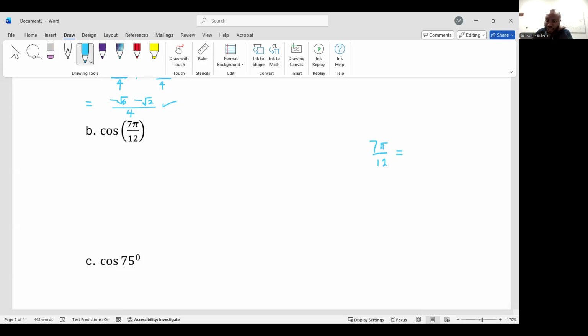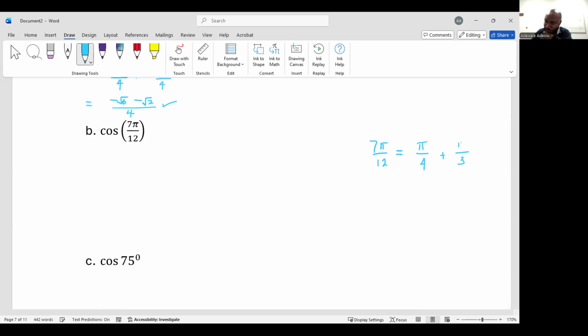Can I write it as, I just need to be smart. I want the denominator to be 12. And at the same time, I want it to be something I can make reference to in the unit circle. So maybe I can have 4 and 3.